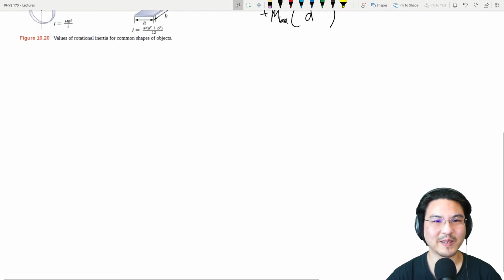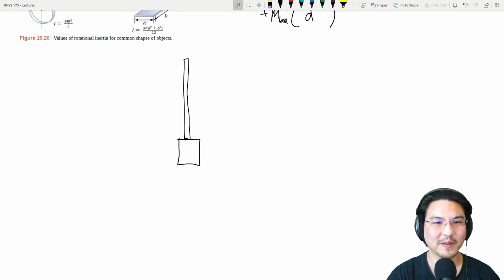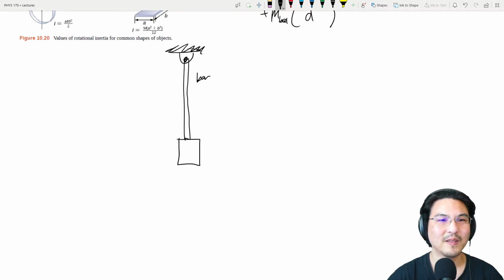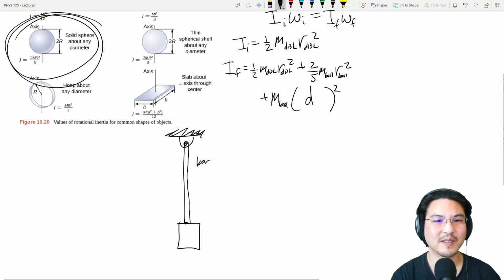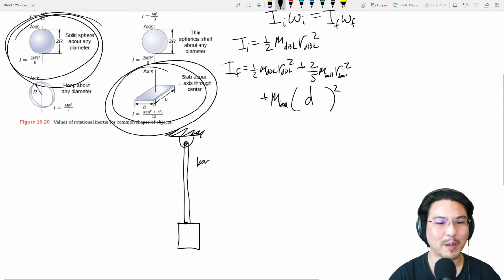Okay, let's try another example. Let's say you have a pendulum that's like you're testing out wind turbine blades. So let's say you have this pendulum at rest. It's a bar and then a slab like this, a slab.